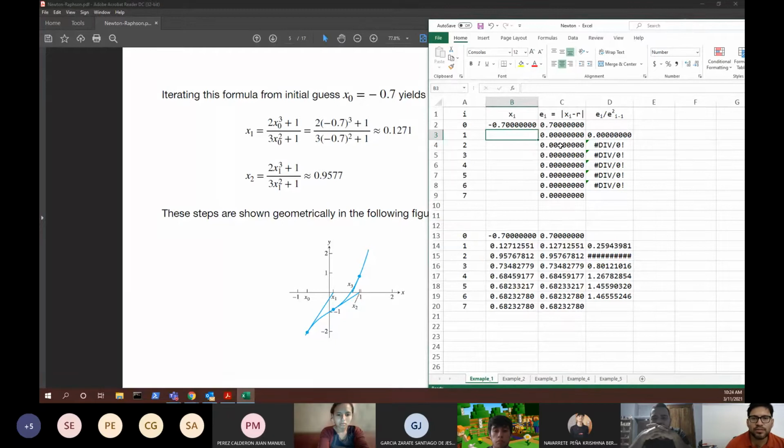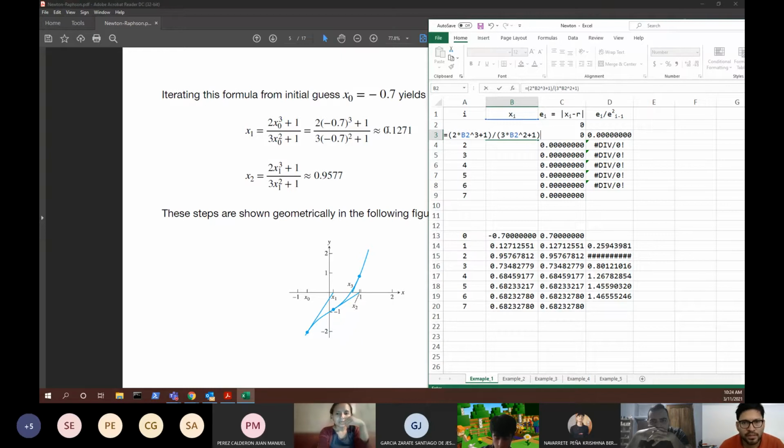And then what I need to do is to use this formula for the next value. So the formula is going to be, in parentheses, 2 times this one to the power 3 plus 1, parentheses, divided by, open parentheses, 3 times this value squared plus 1.